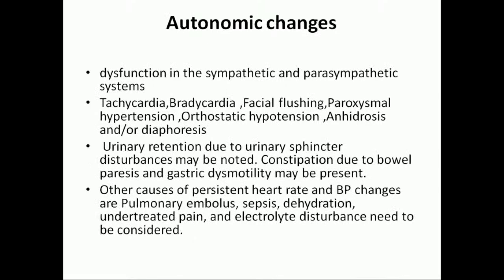Few patients may have autonomic changes because of affection of the sympathetic and parasympathetic system. So they may have bradycardia, tachycardia, heart block, hypotension, postural hypotension, hypertension, anhidrosis, diaphoresis. There may be affection of the urinary sphincter leading to urinary retention or incontinence, and constipation.